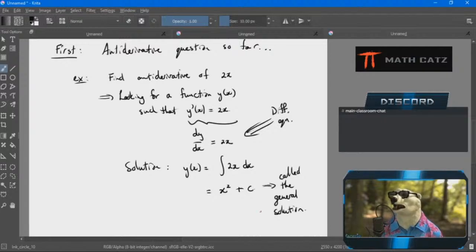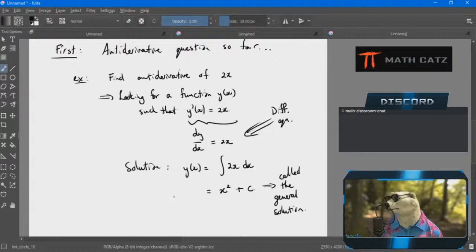We were just asking antiderivative questions, and then we were naming that answer by way of an indefinite integral. But what we were really doing was solving a differential equation. And the answer that we get is called the general solution.